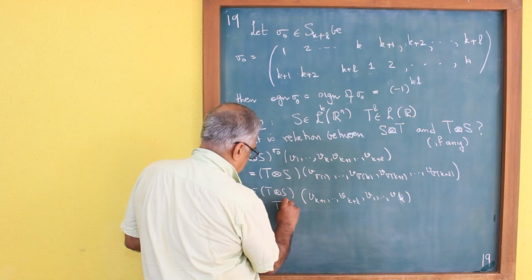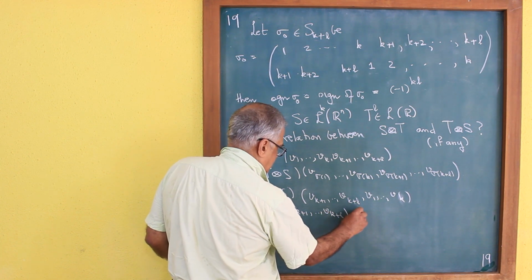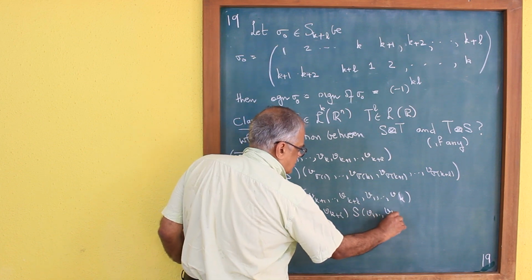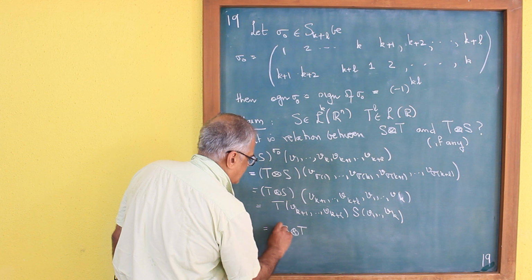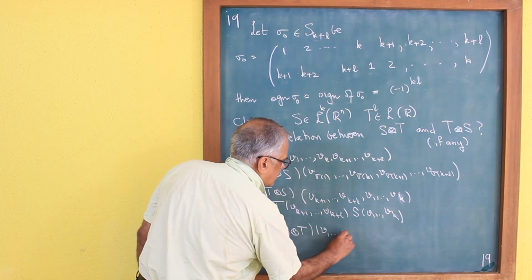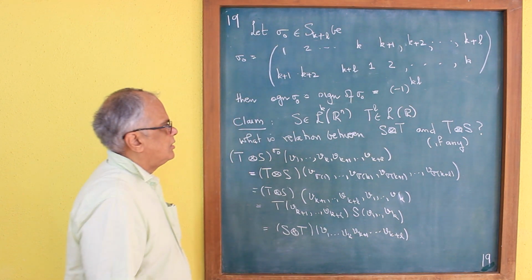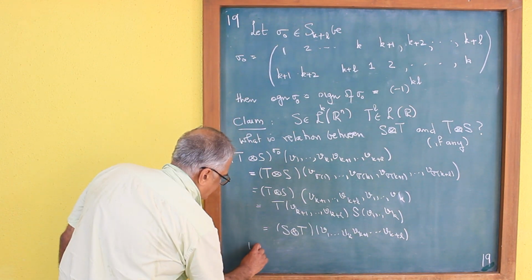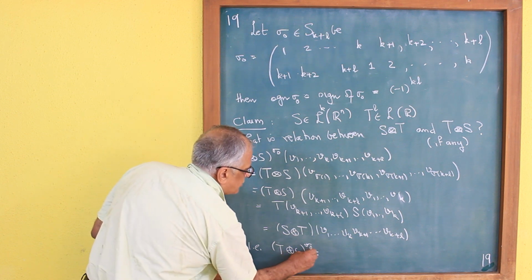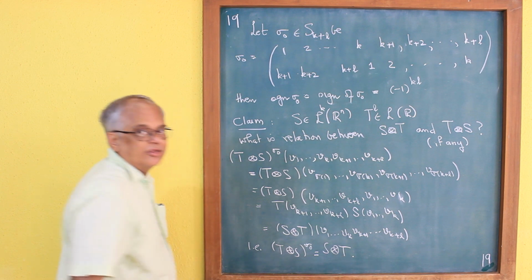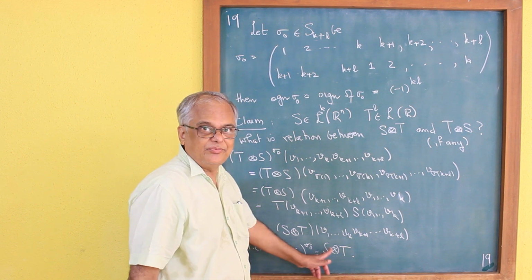So what we have proved here is that T tensor S upper sigma naught is S tensor T. There is a relationship between T tensor S and S tensor T. When you apply this upper sigma naught, then T tensor S becomes S tensor T.